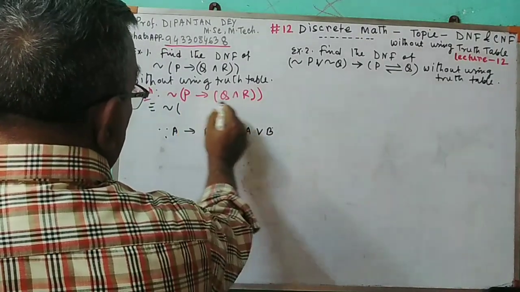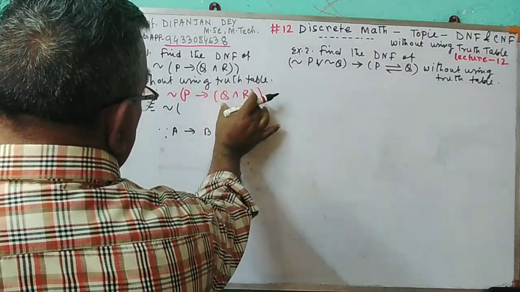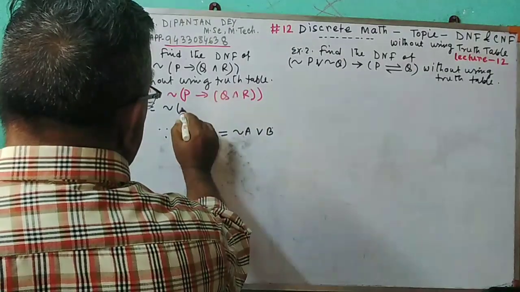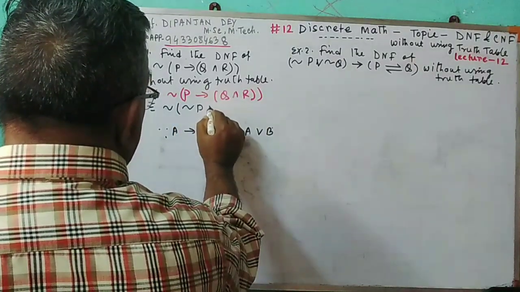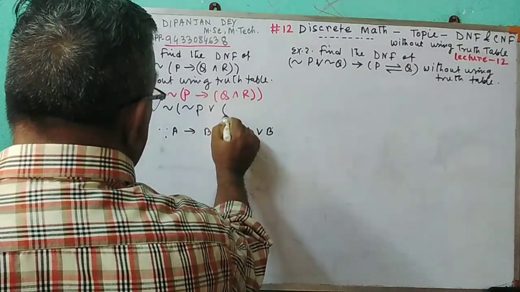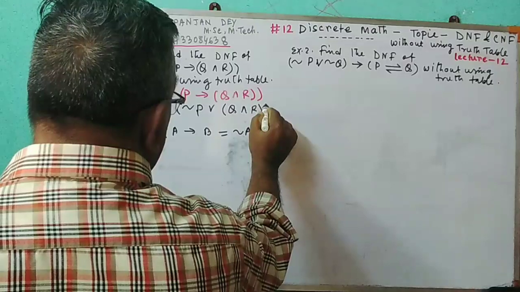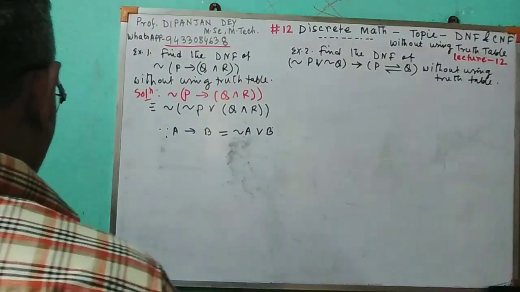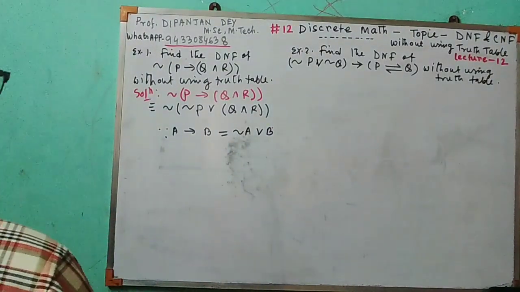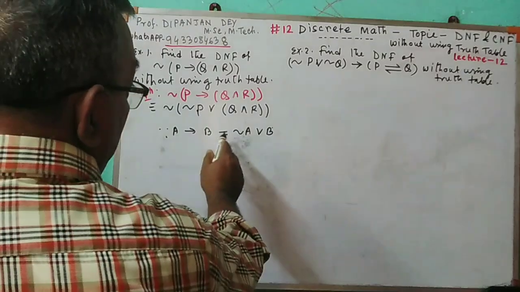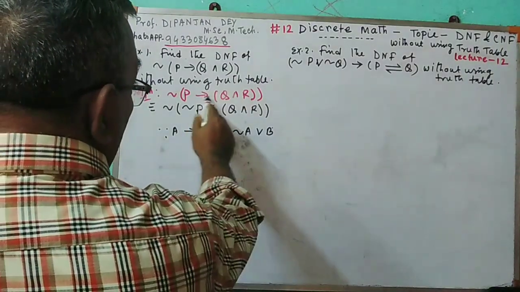P implies, suppose this is Q, P implies Q. So negation P disjunction, that is Q implies R. Try to understand. I think everybody understood this. I'm applying this formula over here.